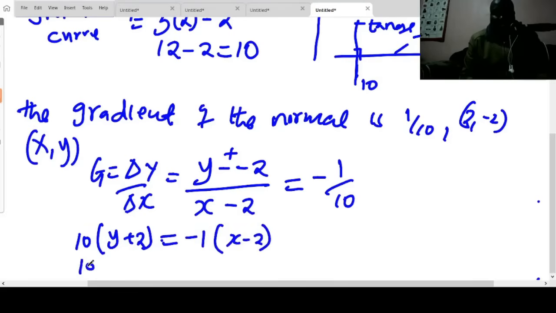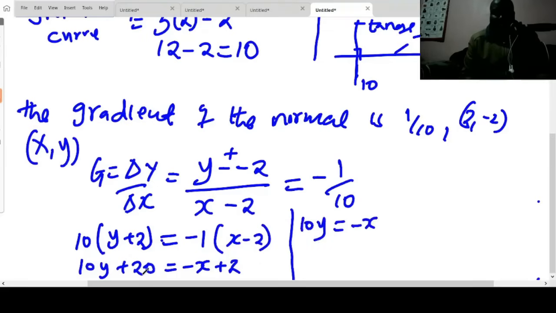So this is 10y plus 20, which is equal to negative 1 times x, which is negative x. Negative 1 times negative 2, the answer will be positive 2. So from there, you put like terms together, we will have 10y is equal to negative x.